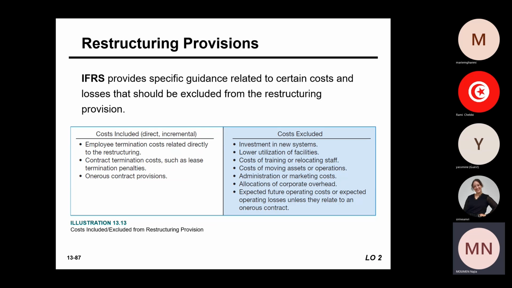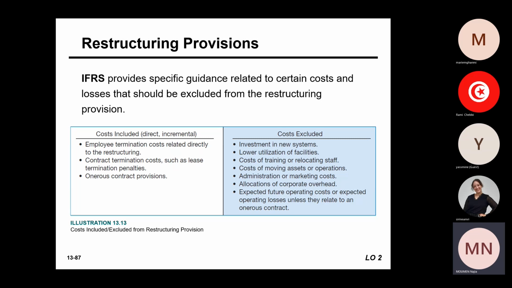So meaning what? You are allowed to recognize a restructuring provision, meaning to accrue the liability for your plan to restructure, for your substantial changes and improvement of your business, but taking into consideration that not all costs will be part of this restructuring provision. You cannot include all the expenditures that you are making within this restructuring provision.